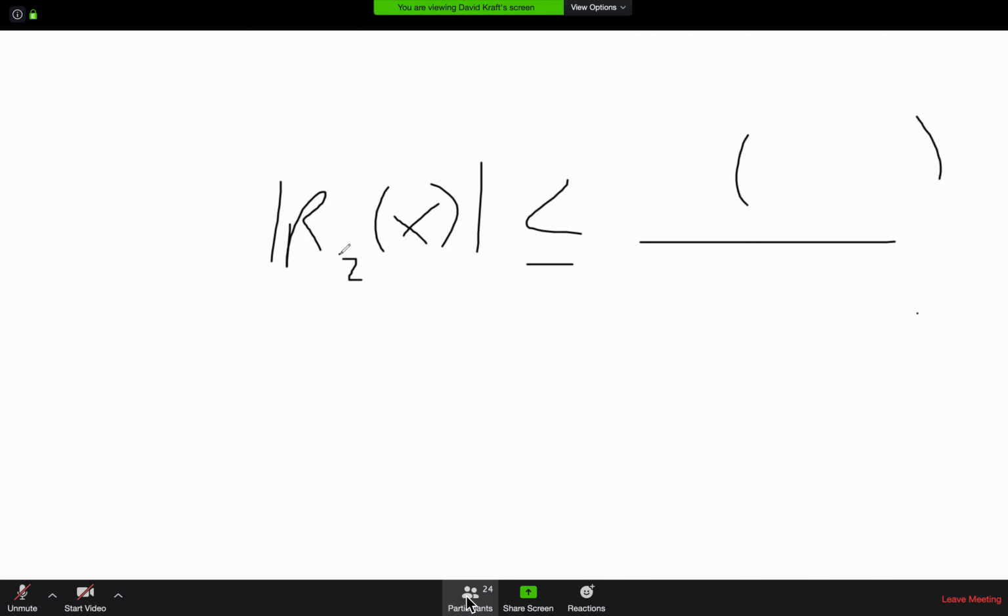Yes. Second order remainder, then what goes right here? 3 factorial. Okay. And for the power function, would be a third power, yes? Yeah.